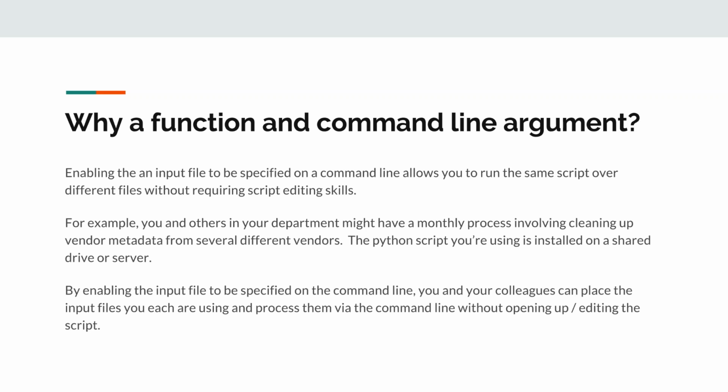Well, if you hard-coded the name of your input file, you'd either have to change the name of your input file, which could get really messy if you all rename them to the same file name and then you don't know whose file is whose, or each individual user might have to go in and edit that file to tell each other that you're working on a different file. So by enabling the input file to be specified on the command line, you and your colleagues can place the input files you're using and process them via the command line without opening up or editing the script. You just say what file you're using it on, and you can put it in the directory.